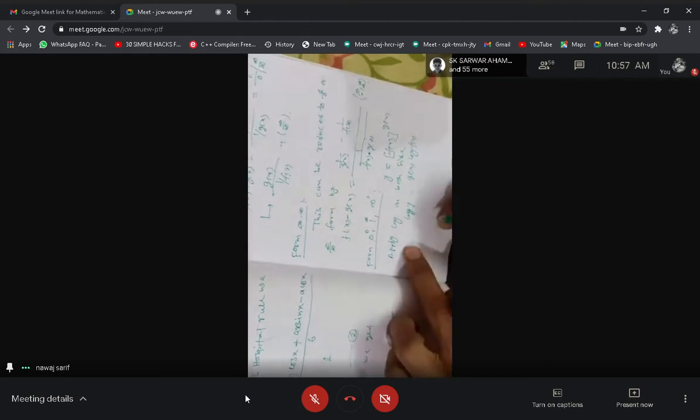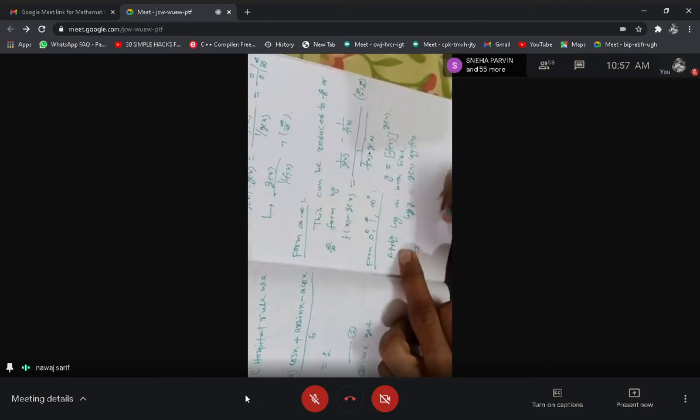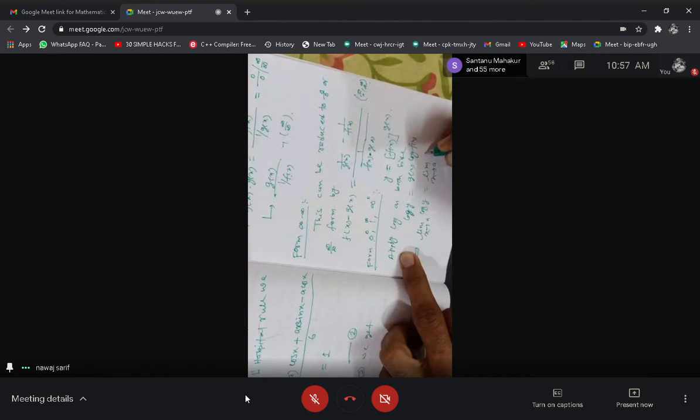Okay, now if you apply the limit on both sides, limit x tending to a, log of y equals limit x tending to a, g(x) into log of f(x).